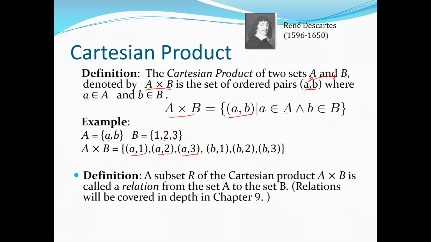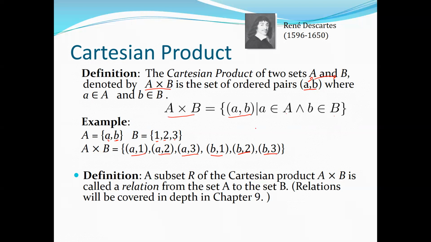The order does matter. Then after that, b, the second element of the first set A: (b, 1), (b, 2) and (b, 3), right? So this is A cross B.